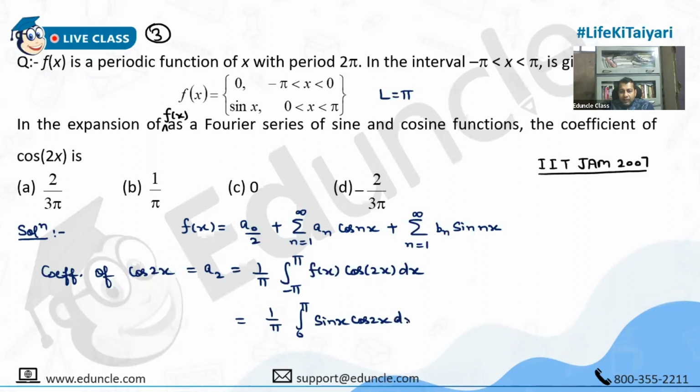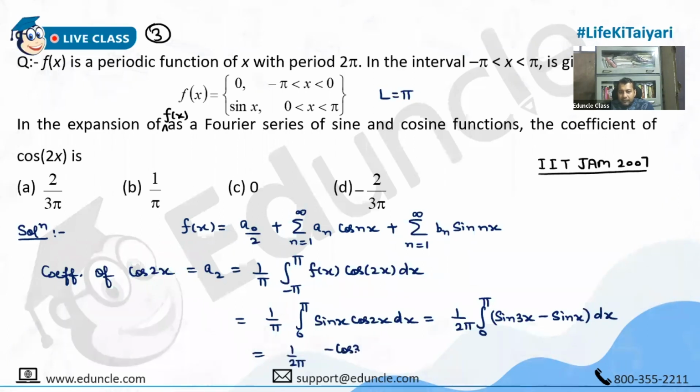And now I can make use of the formula of sin A cos B type. So first of all, let us multiply and divide by 2. So it becomes 2 sin A cos B. So it will be sin 3x minus sin x, na? Okay. So now you can solve it. That's it. Just the usual integration.